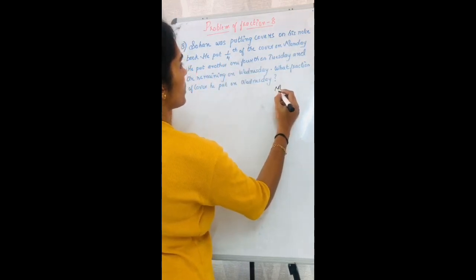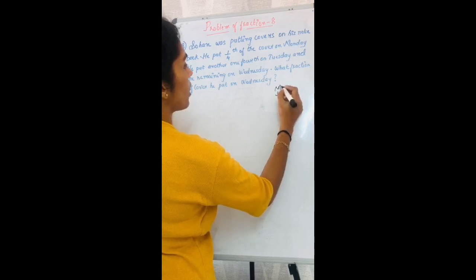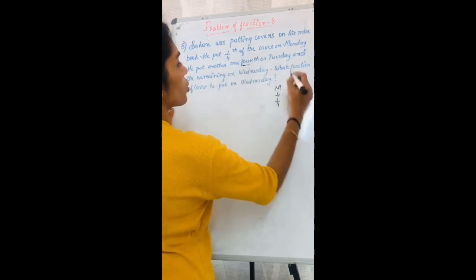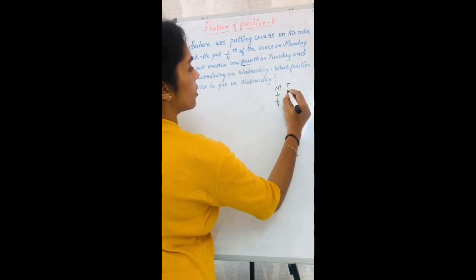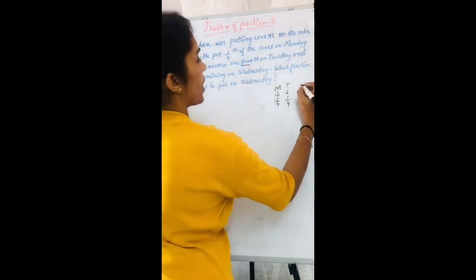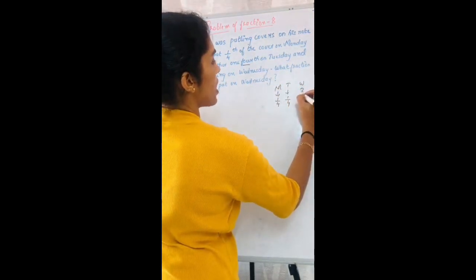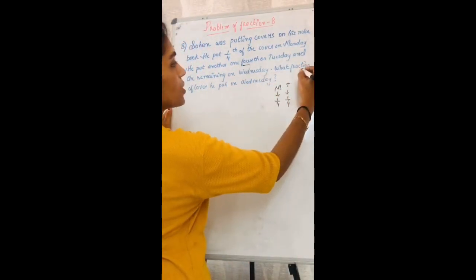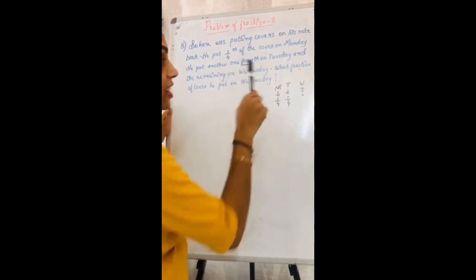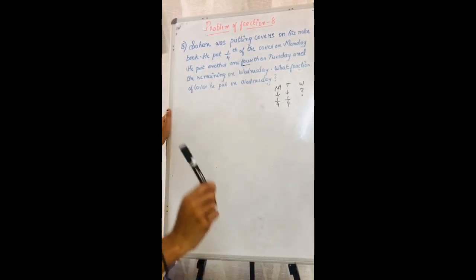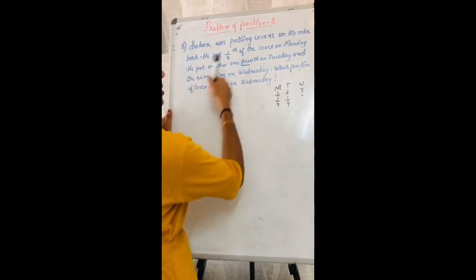Assume M as Monday. And he put 1/4 on Tuesday, and the remaining on Wednesday. So Wednesday, you have to find it. When you see this fraction, you can understand that it's from the lesson fraction. Now let's quote our sentence.